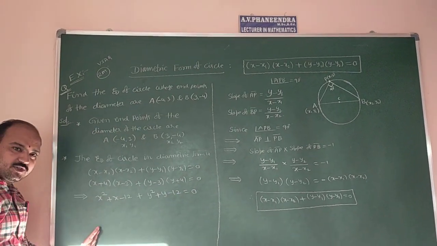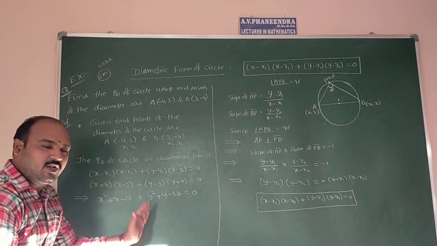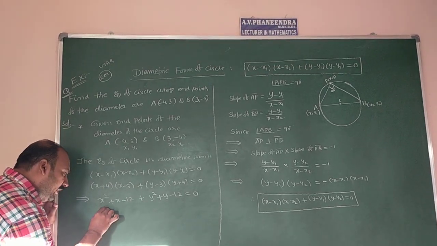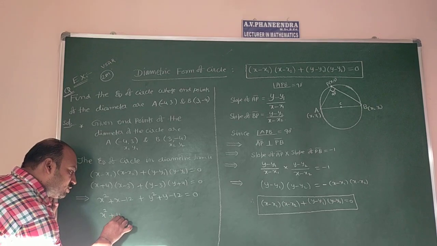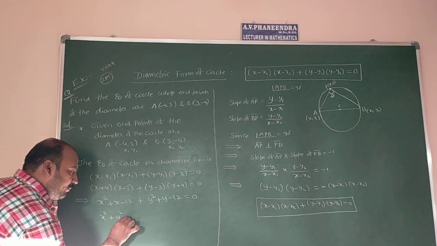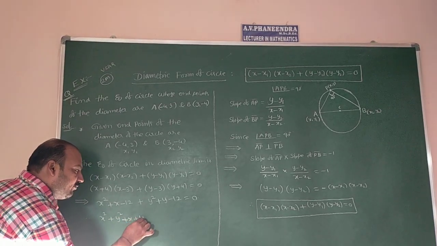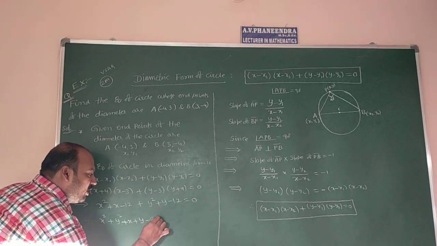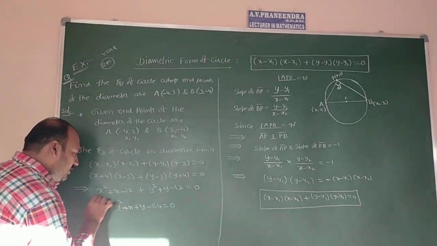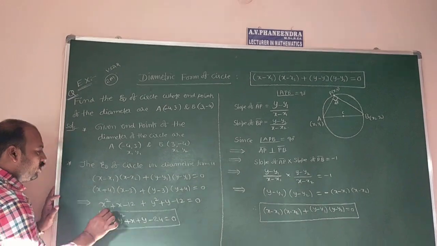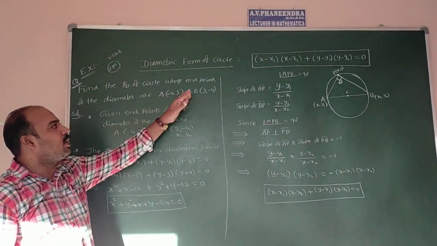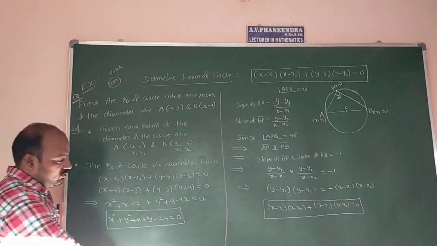Arrange in the order: first x square term, y square term, x term, y term and constant. Therefore x square plus y square plus x plus y minus 24 equal to 0. This is the equation of the circle whose endpoints are A of minus 4 comma 3 and B of 3 comma minus 4.